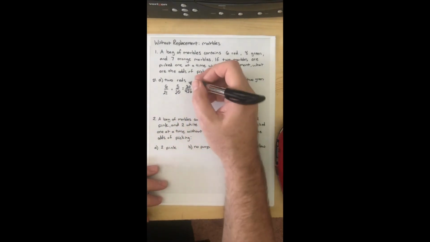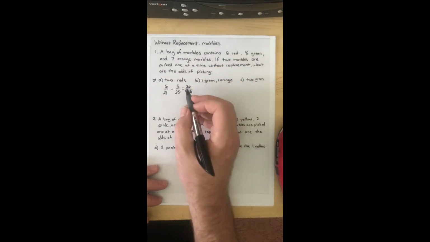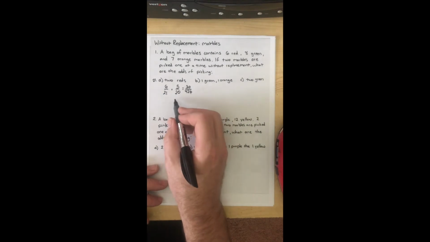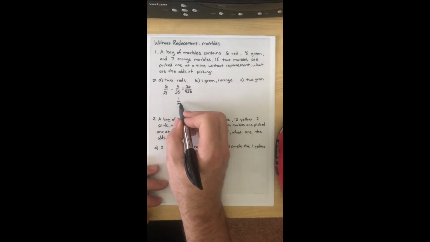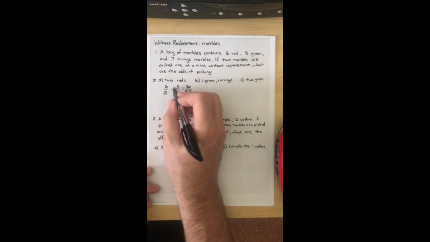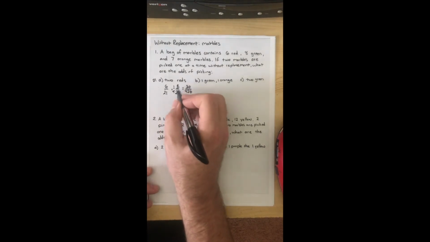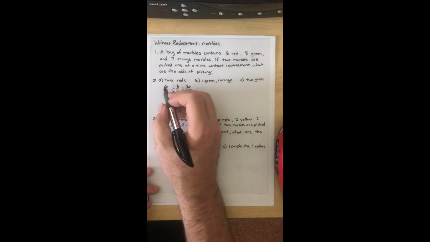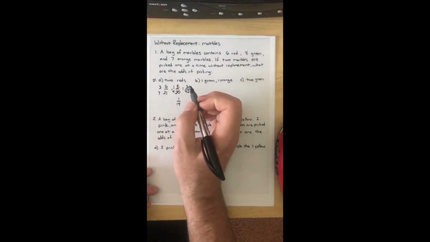To simplify this, I see the zeros could be cut off. You just go like that. Now it's 3 over 42, and I know 3 goes into 42 14 times, so it's 1 over 14. If I simplified over here, I would turn this into 1/4, dividing by 5, and this dividing by 3 would be 3 over 7. That doesn't make sense then.